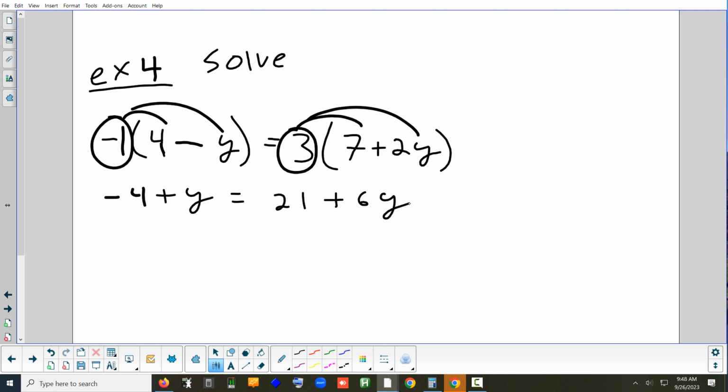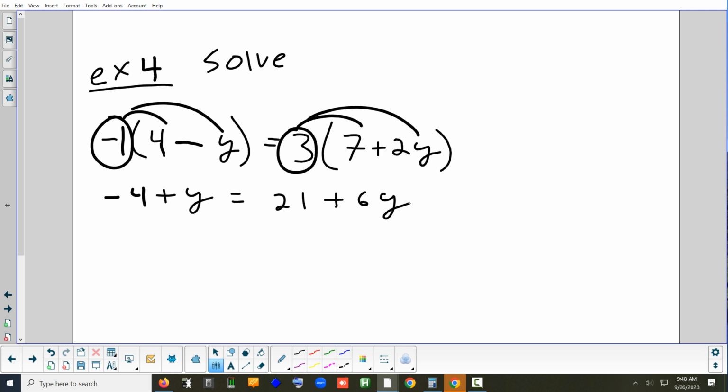Now I can tell that this is not going to be one of the kind of situations we just talked about, because I don't have the same amount of y's on each side. So this is going to end up being just a regular problem, not a no solution, not an all real numbers solution. So what would we do next?